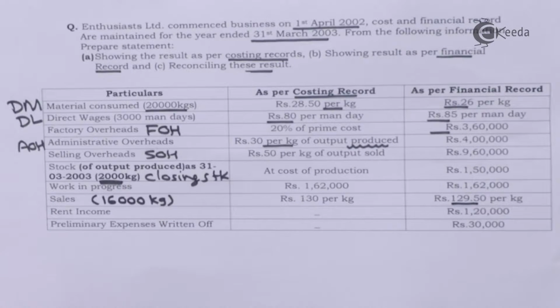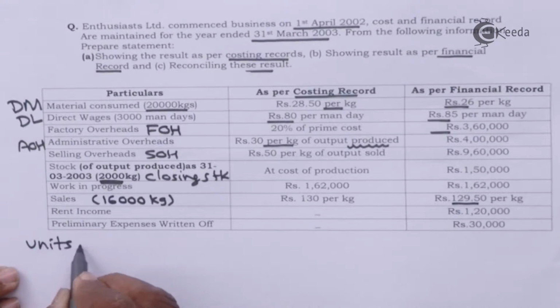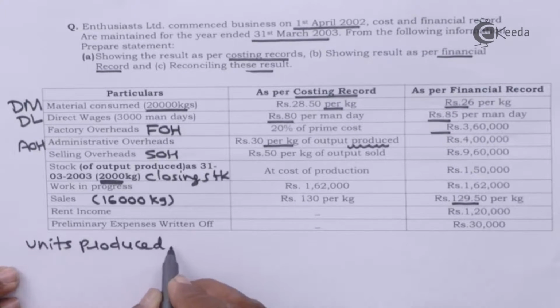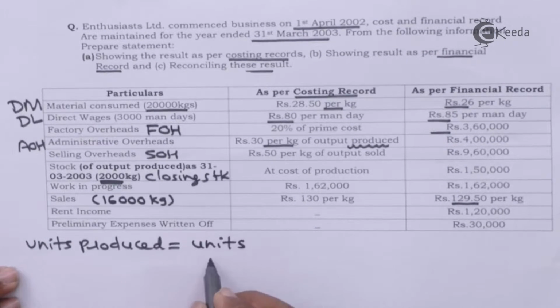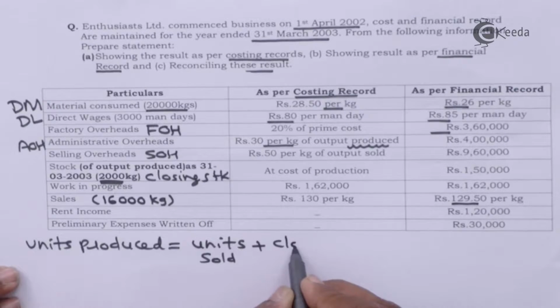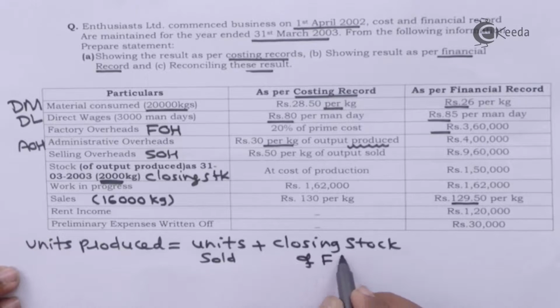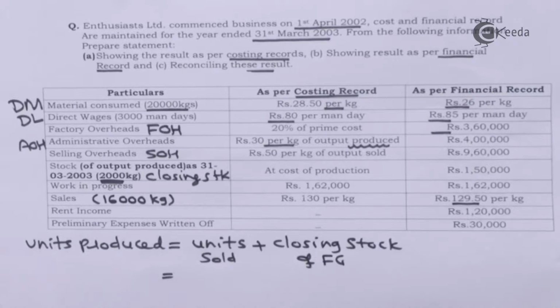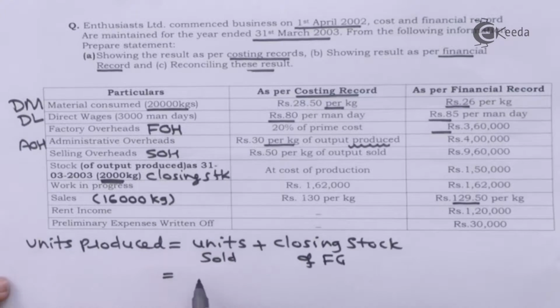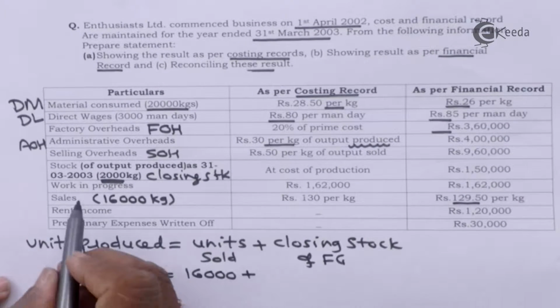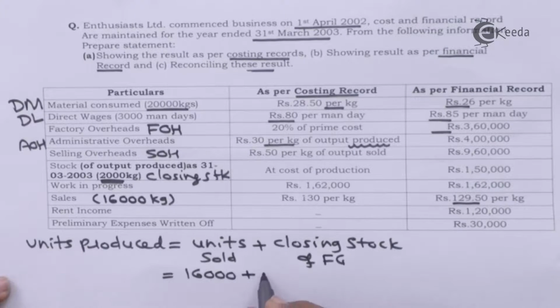Here 16,000 units are sold and closing stock units are 2,000. So we can find out unit produced. Units sold, here it is given 16,000 units plus closing stock, here they have given 2,000.